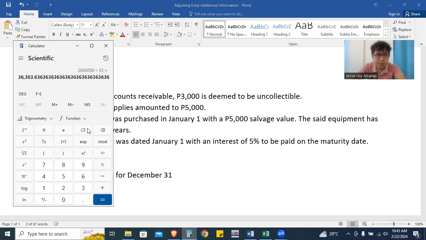Okay? So January 1 daw gipalit, and then we'll be making adjustment at the end of the year. Therefore, it will need a whole year of the depreciation. So again, let's compute. Purchase price is 50,000 less the salvage value of 5,000. Therefore, the depreciable amount is 45,000 divided by the useful life of 5 years. Therefore, the annual depreciation of the equipment is 9,000. Again, no need to compute for how many months because 1 year man siya.